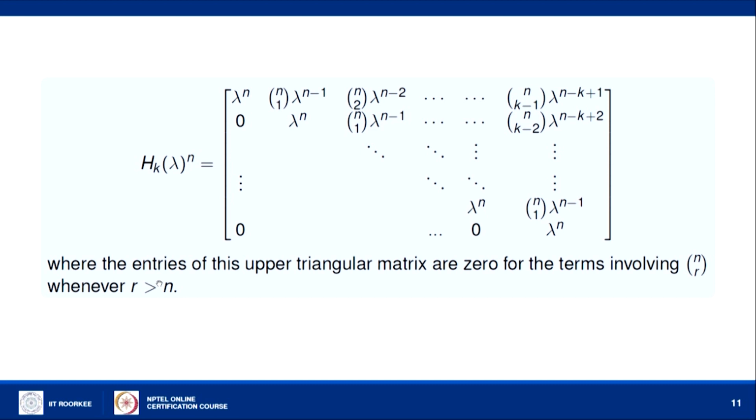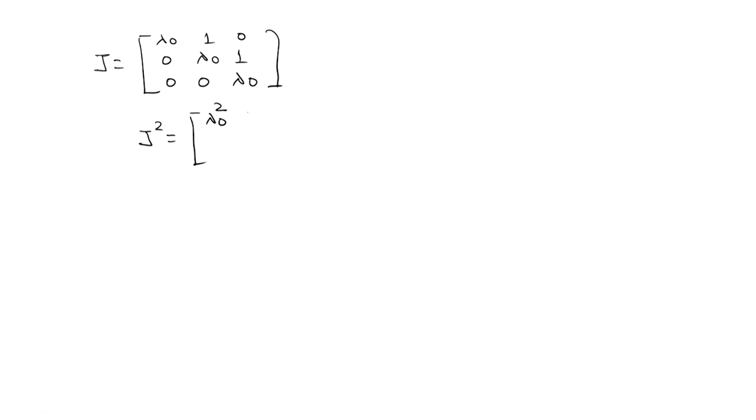So, if I use this result for calculating, if J is, let us say, a 3 by 3 block, [lambda 0, 1, 0; 0, lambda 0, 1; 0, 0, lambda 0]. Using this general formula, J square will become lambda 0 square, then nC1, meaning 2C1, lambda 0 raised to power n minus 1, that is 2 minus 1, 1.